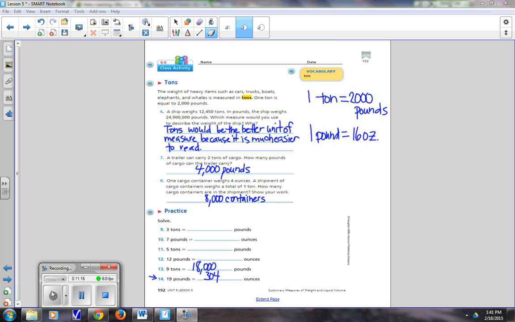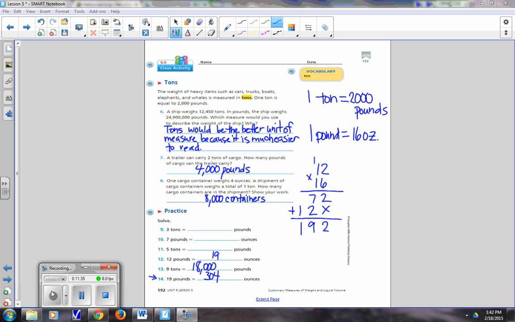Next, 12 pounds. How many ounces? I go 16 for each one of those 12. That's 192 ounces.